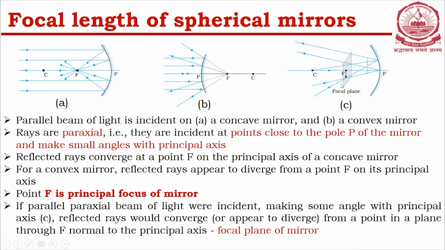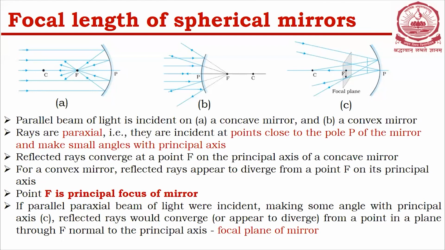The plane which passes through this focal point, perpendicular to the axis, is called the focal plane of the mirror. So whatever the object, the image of the object forms in the focal plane of this mirror. I think now you are able to understand what is focal point and what is focal plane.